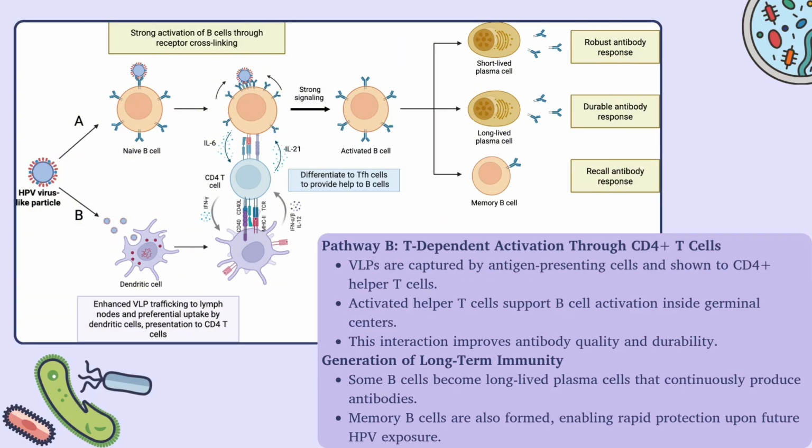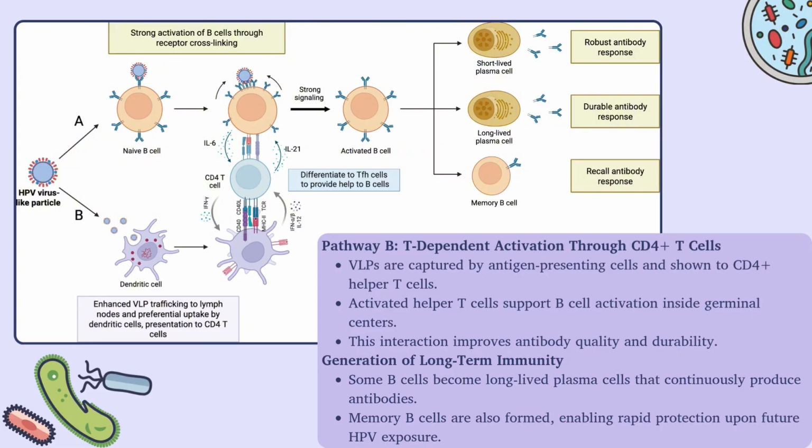Dendritic cells, which are specialized antigen-presenting cells, take up the vaccine particles. They process the viral proteins and display small fragments on MHC class II molecules. These molecules act like display platforms that show antigen fragments to CD4 positive T cells.